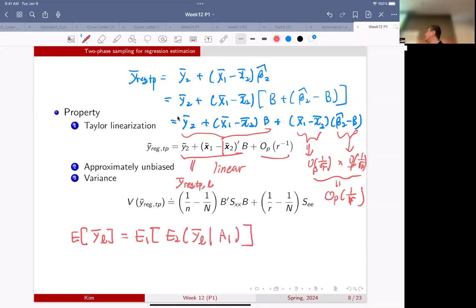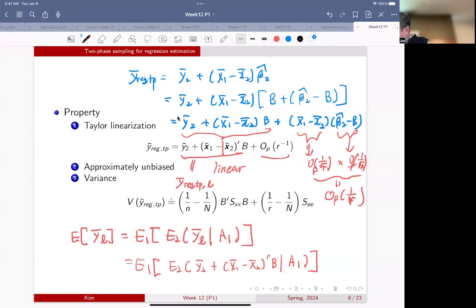Because you have two sources of randomness, you take the expectation with respect to the first phase, and then the expectation for the second phase. Then you can take the expectation inside.